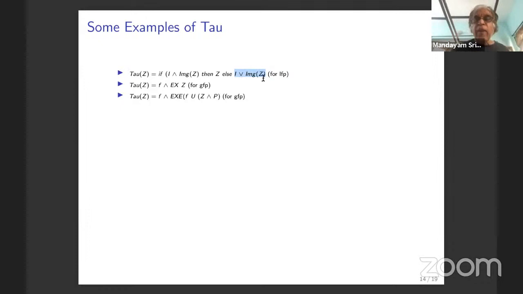If I were doing I or image of Z, what you said is exactly right, and that's exactly the tau that was used. But here, what I'm saying is I stop the moment that I see some state in the image that I've already seen.